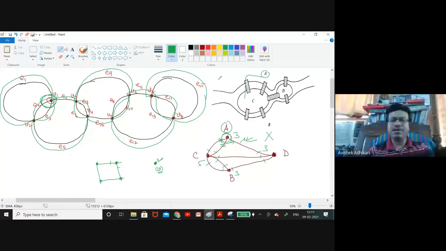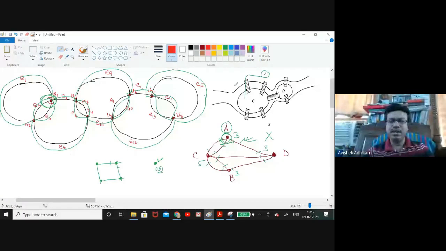But now I am telling you, try to introduce a few more bridges so that in the new graph you will be able to find an Eulerian circuit. Can anybody suggest some new bridges so that the corresponding graph becomes an Eulerian graph?